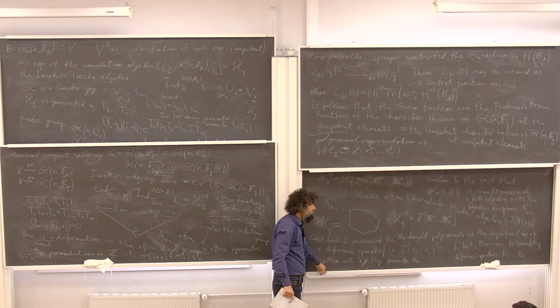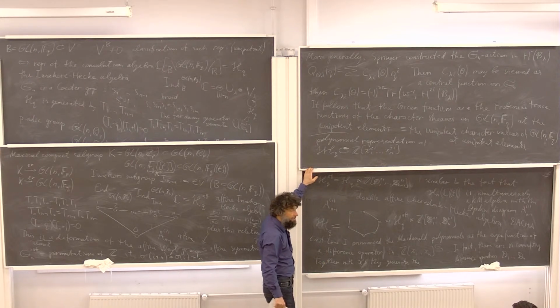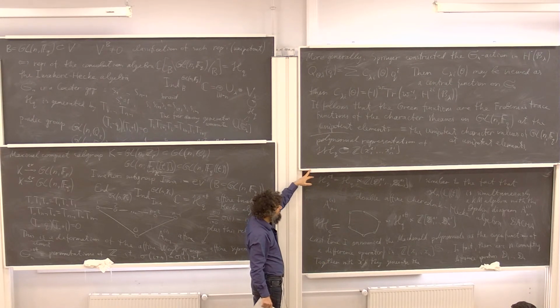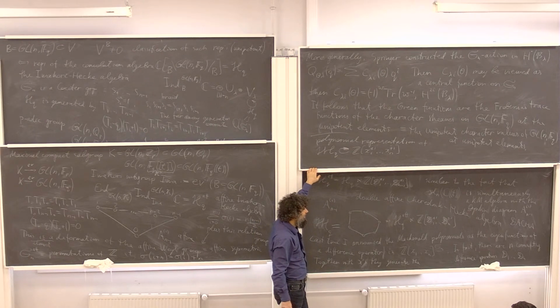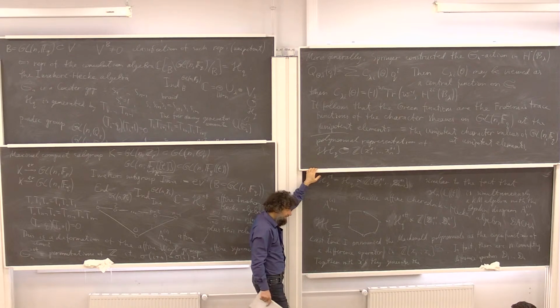And it was like 30 years ago, and since then it became ubiquitous. Say, lately it's very popular in the business of knot invariants, like the Alexander polynomial or Jones polynomial, whatever.